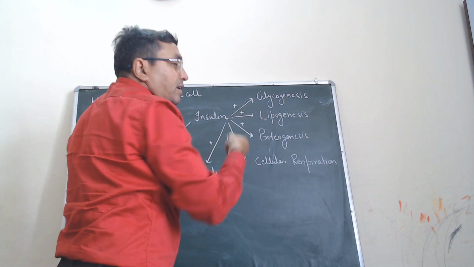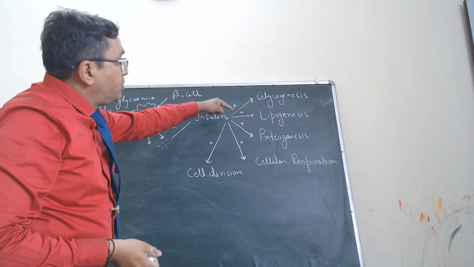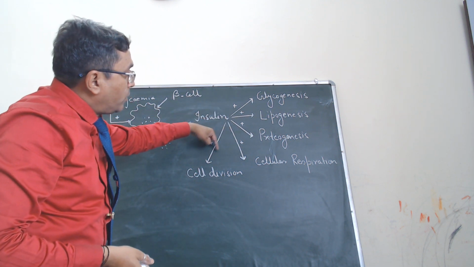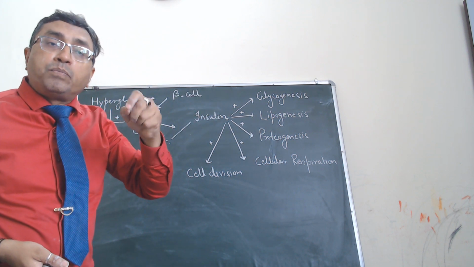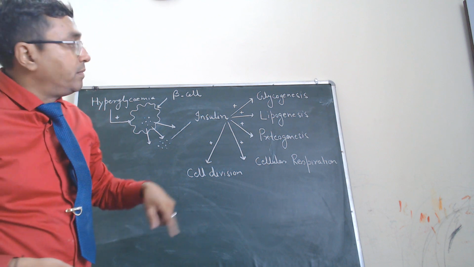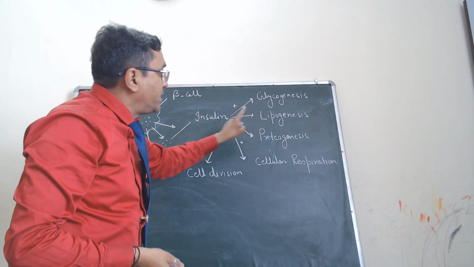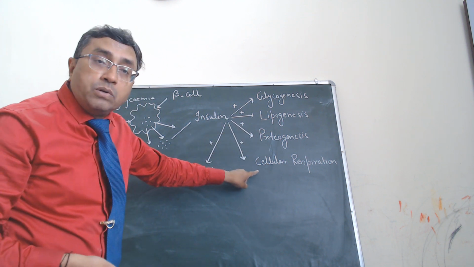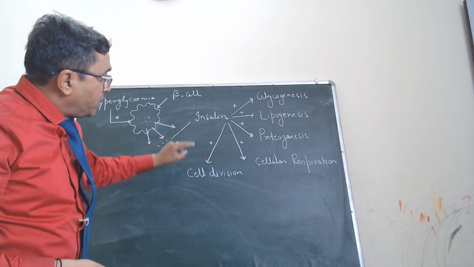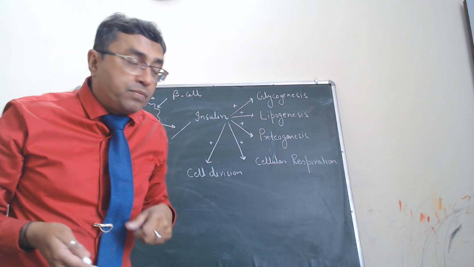Plus sign here. I am introducing plus sign on the arrow figure. Plus sign indicates promotion or stimulation. It stimulates glycogenesis, lipogenesis, proteogenesis, cellular respiration, cell division as well as peripheral utilization of glucose.